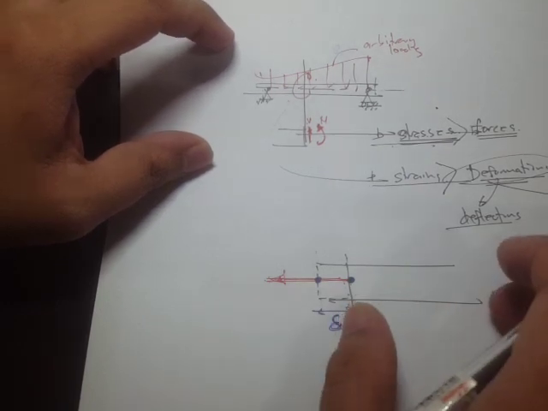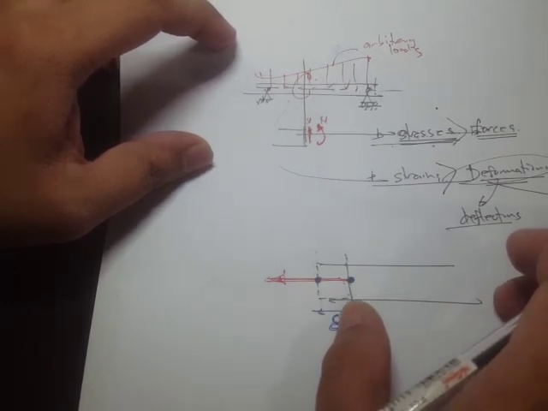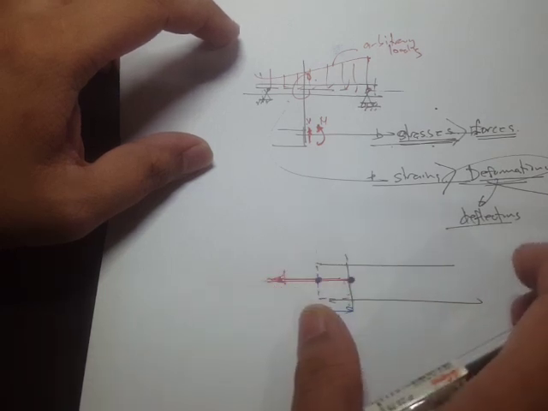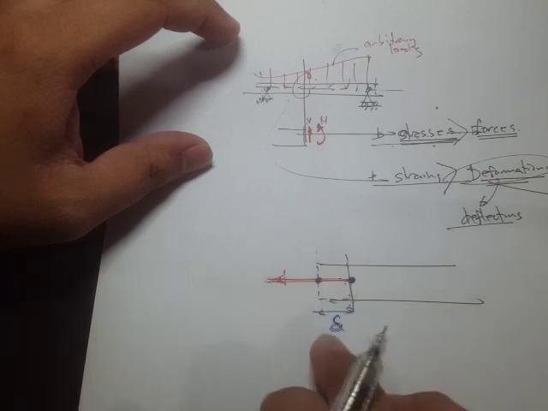We have the initial geometry, and because of the presence of the external loads, there's going to be movements of points, and that's going to be deflections.